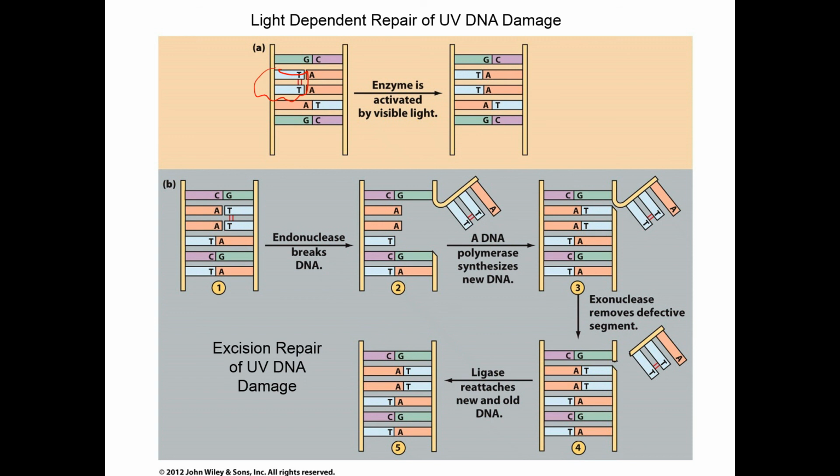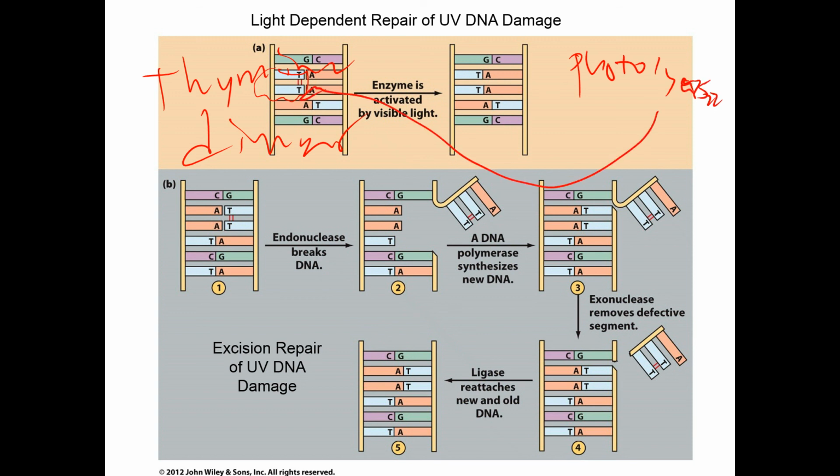So this is a thymine dimer, a lot of times the result of UV radiation. What happens is this enzyme called photolyase comes in, corrects this mutation, this thymine dimer, and repairs it.